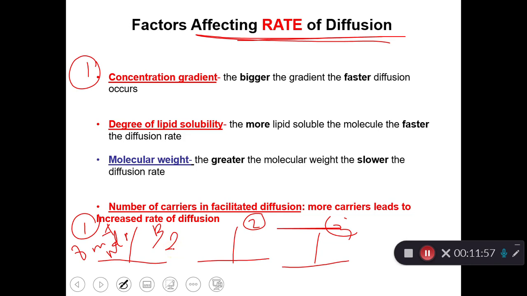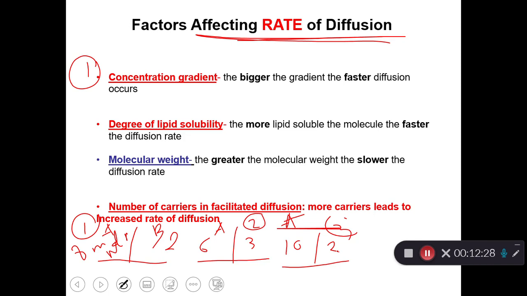In the second scenario, on side A we have 6 molar of sodium, and on the other side we have 3 molar. In the third case, in side A we have 10 molar of sodium, and on the other side we have 2 molar. Which one has the highest rate of diffusion? You need to calculate the concentration difference.